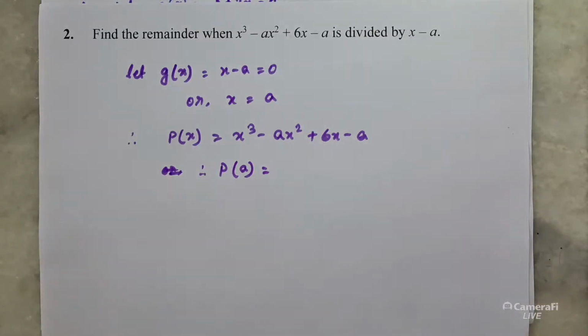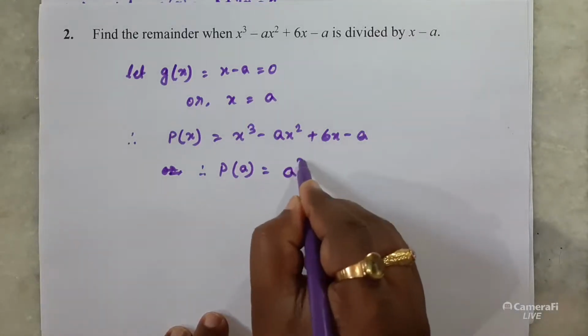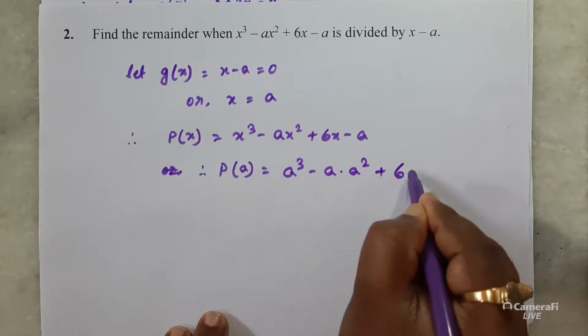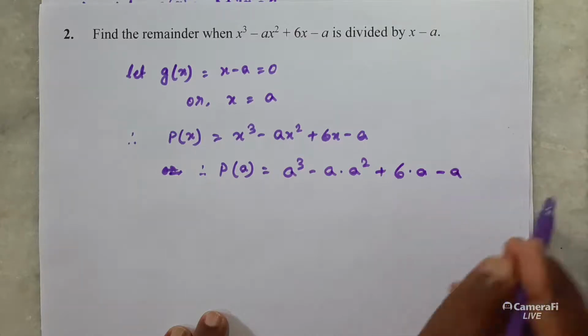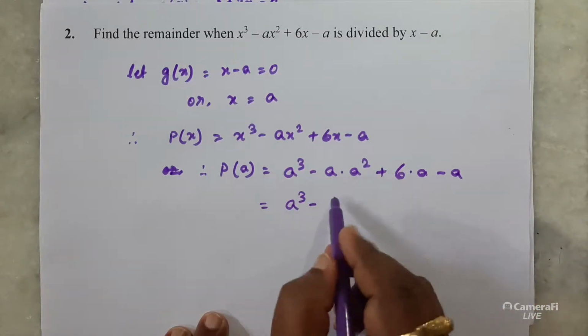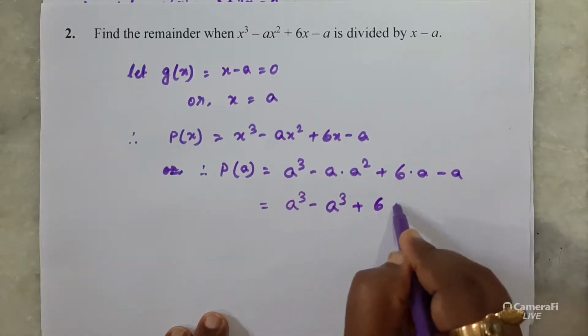What will be P of a? P of a means in place of x we will write a, that is a cube minus a into a square plus 6 into a minus a. This is a cube minus a square into a, means a cube, plus 6a minus a.